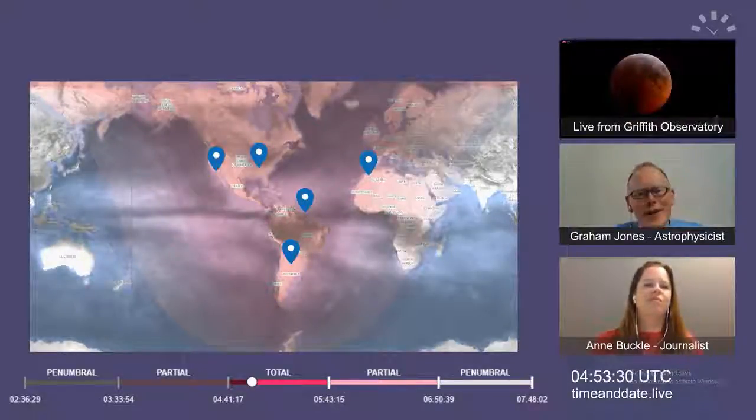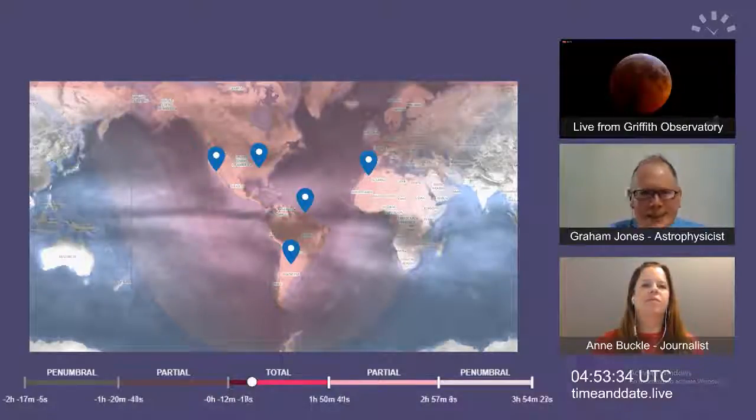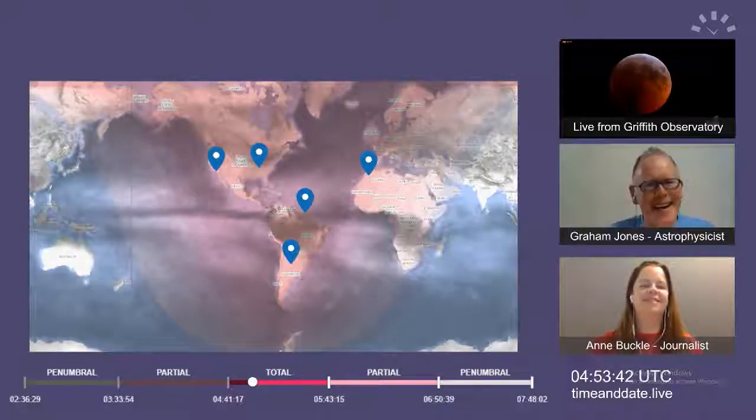Our great friends at the Griffith Observatory in Los Angeles have had some luck with the weather and the clouds tonight, and they have been providing us with some great images from Los Angeles.